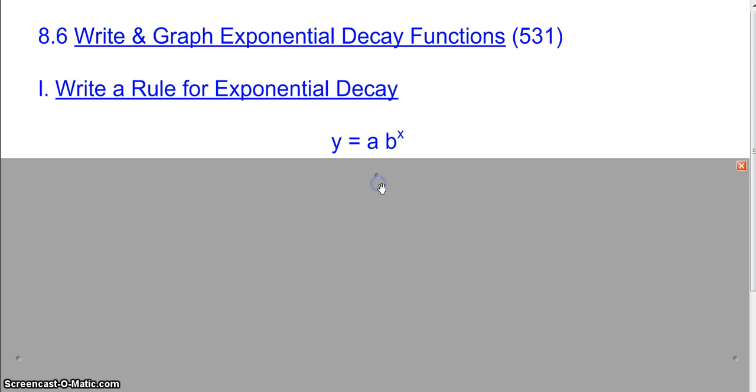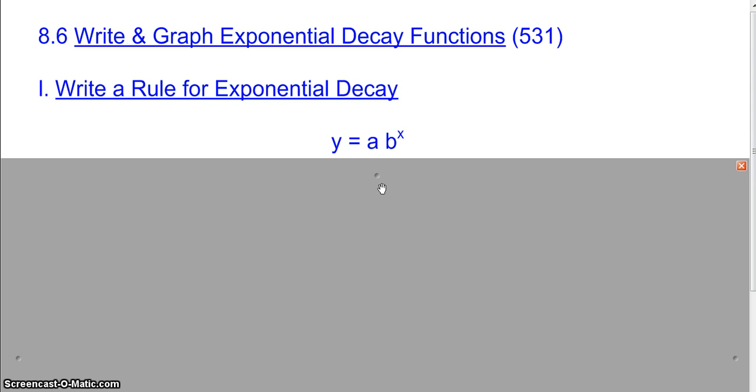So let's start with trying to write the equation, writing a rule. What is the model for exponential equations? You just said it earlier. The model for exponential equations: y equals a b to the x. So exponential growth and exponential decay both are exponential functions.